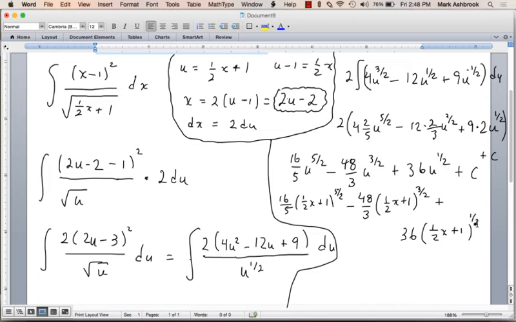Is it not 24? Is it 48? 2 times 4, 48 thirds. So I think it's 48 thirds, which is just 16. Okay, sorry, yeah, you see it? So this is the antiderivative of this.